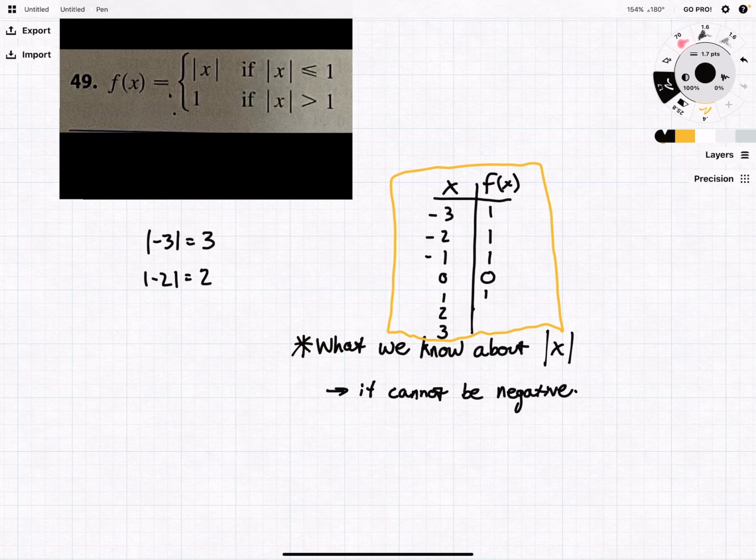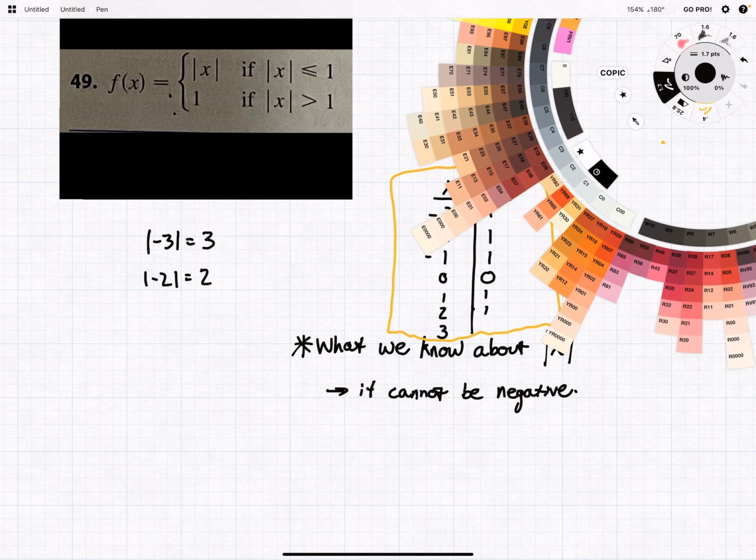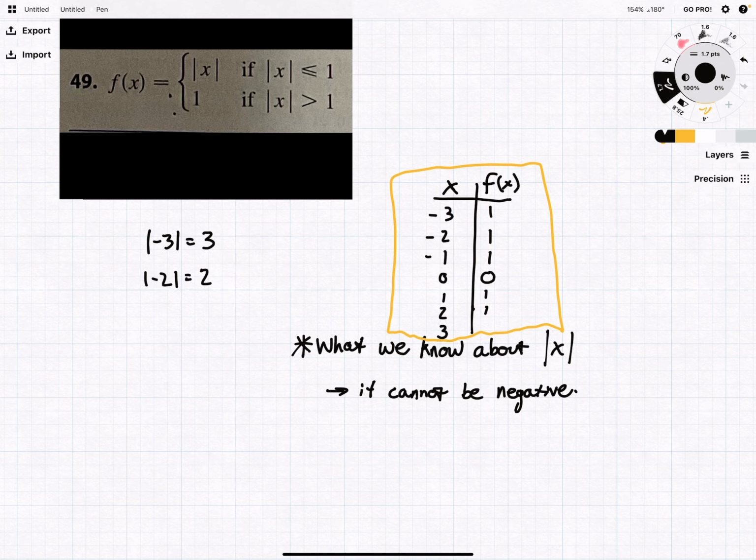What about 2? The absolute value of 2 gives us 2, which is greater than 1, so that's going to be 1. As you can see with the pattern, when we plug in 3, we get 3, which is greater than 1, so our rule tells us our y value is going to be 1. So lots of 1s, a 0, and then some more 1s.